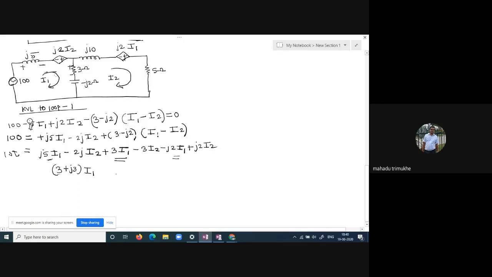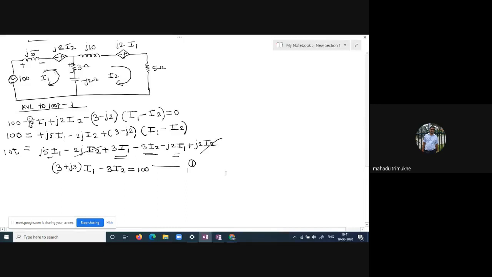And you see the component of I2 here: minus 3 I2. Again see the J component of I2: minus J I2 plus J I2 will get cancelled. So what is our equation? That is 3 plus J3 I1 minus 3 I2. That is equation number 1. Okay.